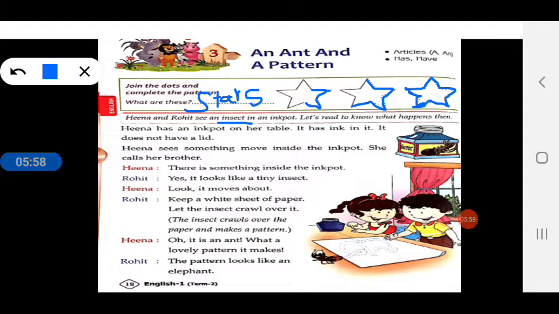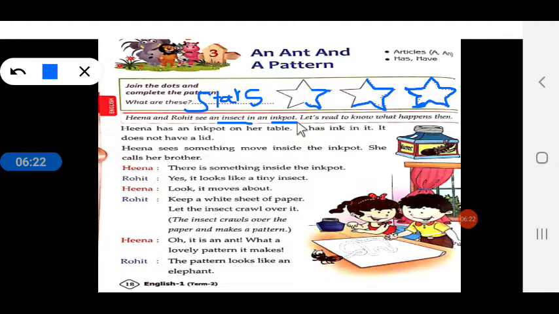All of these are called insects. They have wings and also 6 legs. So both of them see an insect in the ink pot.